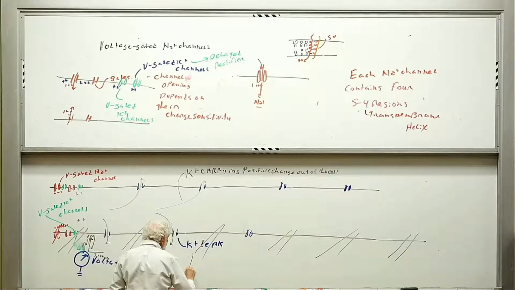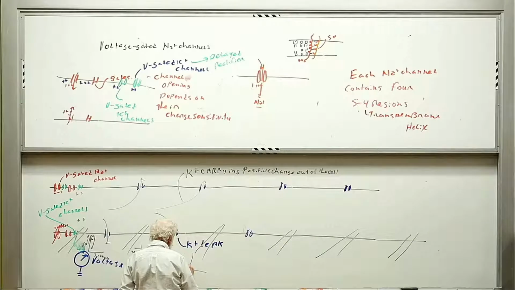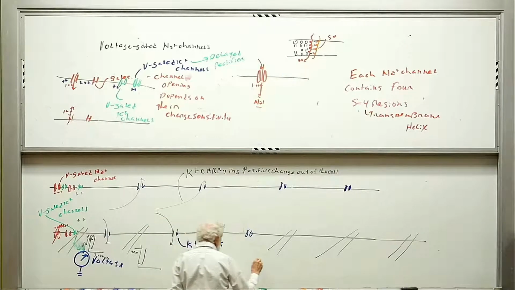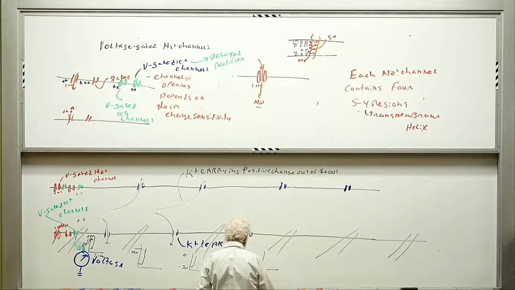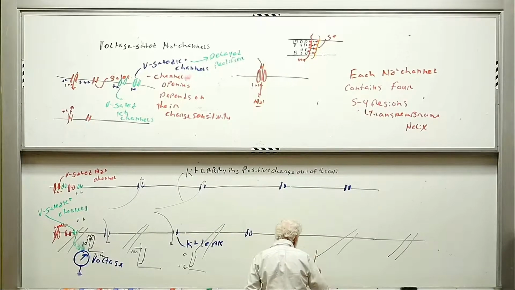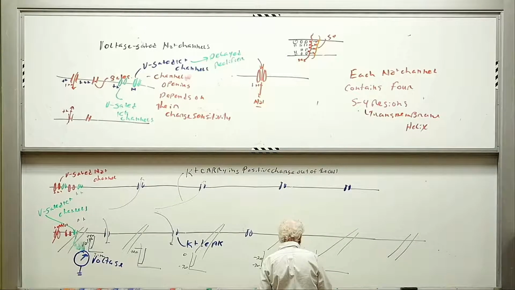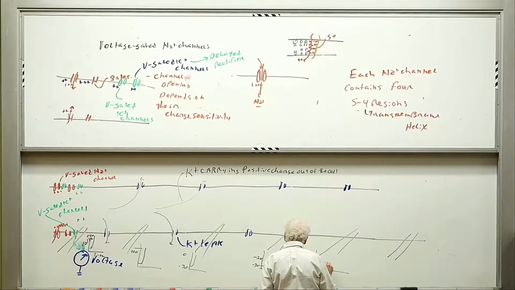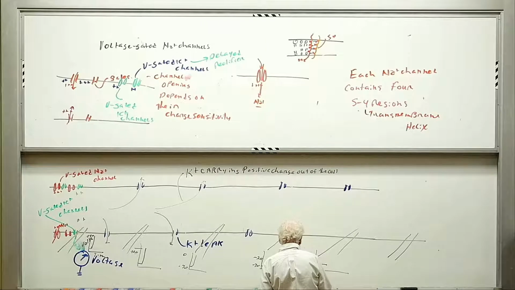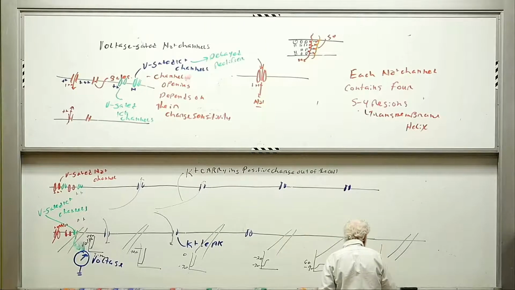Take a measurement here, it may go from minus 70 to 0 millivolts. Take a measurement here, it may go from minus 70 to minus 20 millivolts. Take a measurement here, it may go from minus 70 to minus, say, 60 millivolts. And by the time we get out here, we may go from minus 70 to maybe minus 69 millivolts.